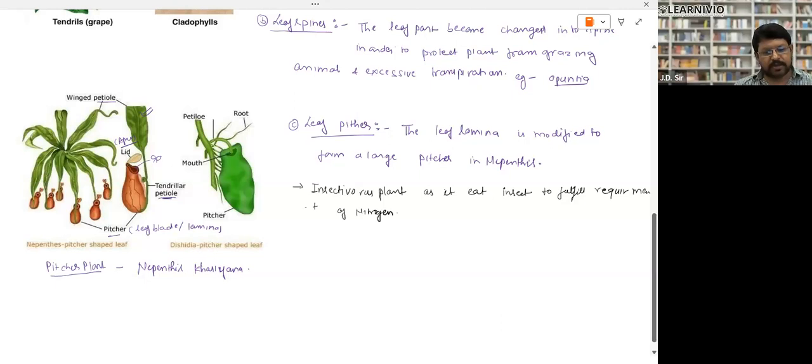Why? Because they are found in the marshy area. They are found in marsh soil which lacks nitrogen.